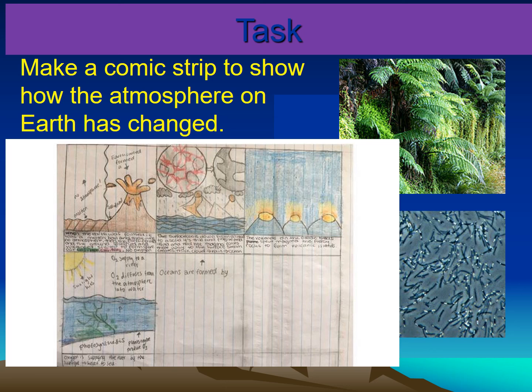From that, the oceans then produce the ozone layer, which means that plants can move onto land, and then animals start to develop and therefore take in some of that oxygen and release carbon dioxide.